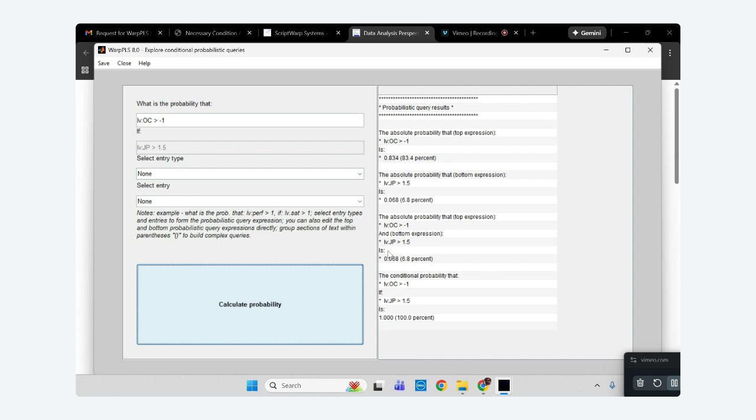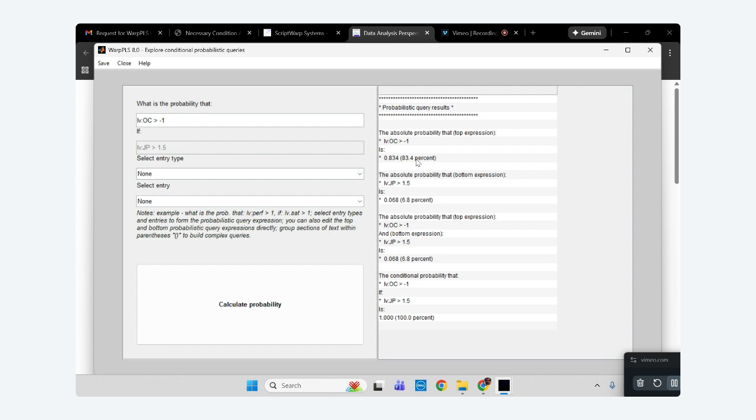So OC being greater than -1 is a necessary condition for JP to be greater than 1.5. Stated differently, OC cannot be too low. That is, it cannot be in the lower 16% or so, 16.4, 16.6%.